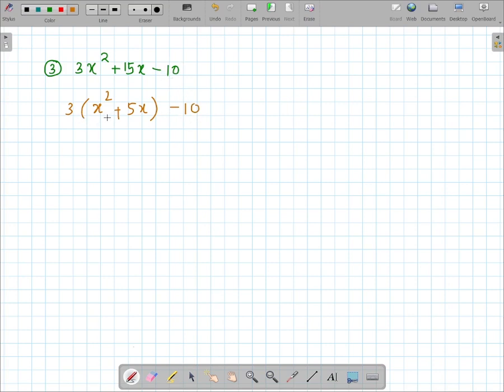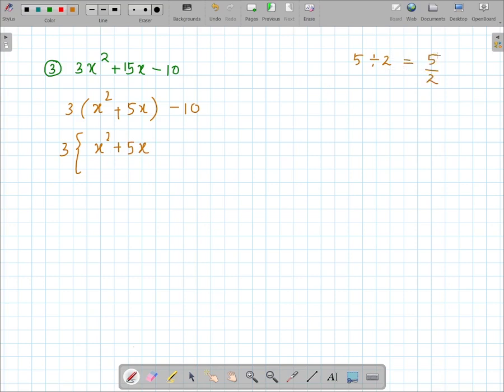Then I'm going to write the expression inside the bracket as a complete square. So I write 3 curly bracket x squared plus 5x. Then we go to the linear term and take the coefficient, that is 5, divided by 2, that is 5 over 2.